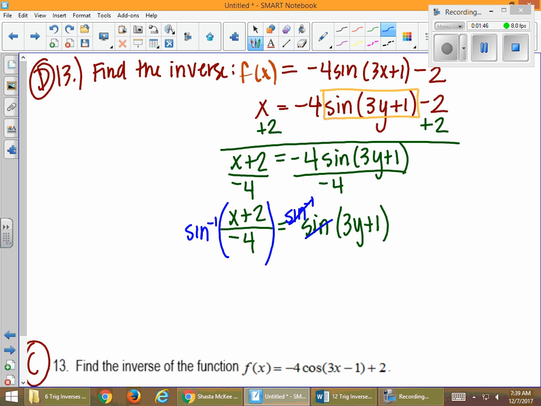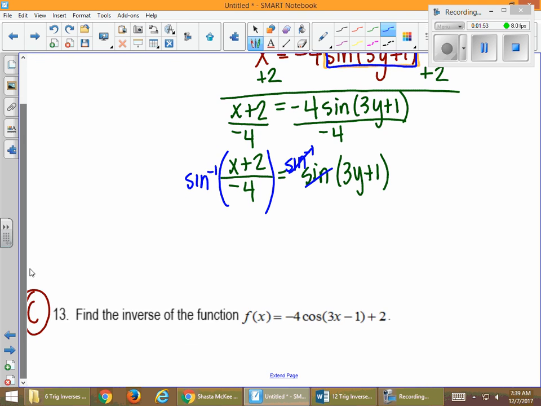So normal order of operations to get that guy by itself, inverse of sine, and then normal order of operations again, just kind of carefully.